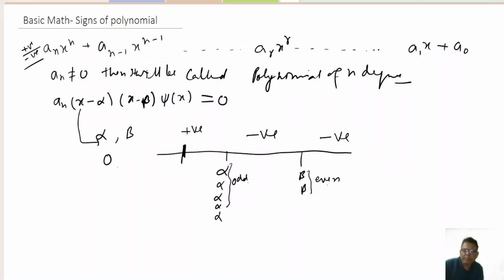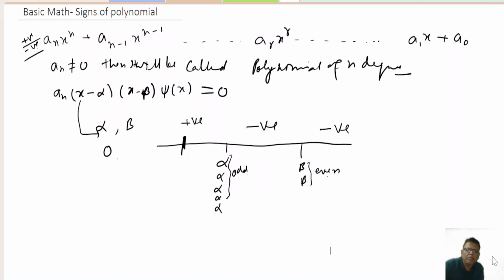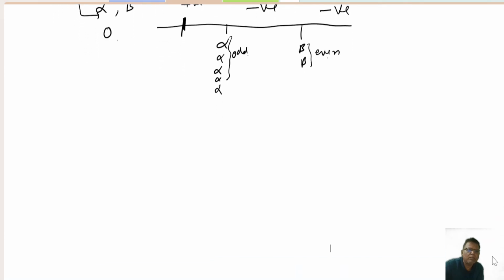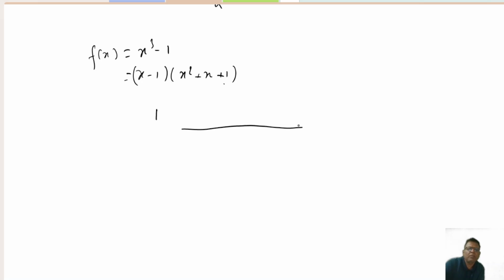Let us see some examples. First a simple one: f(x) is equal to x cube minus 1. You factorize, that is (x minus 1)(x square plus x plus 1). Then the root is 1. You plot a number line and 1 will be here. This is odd.